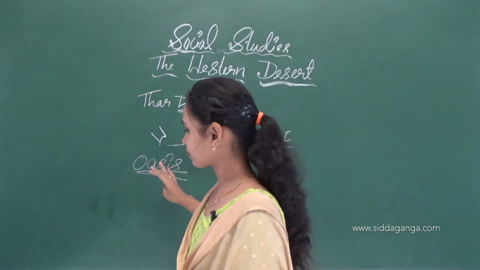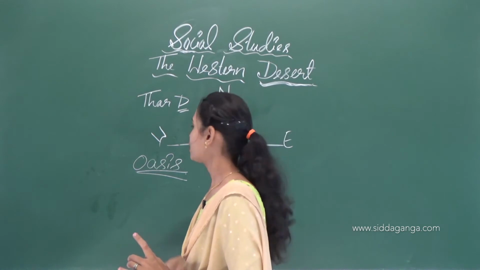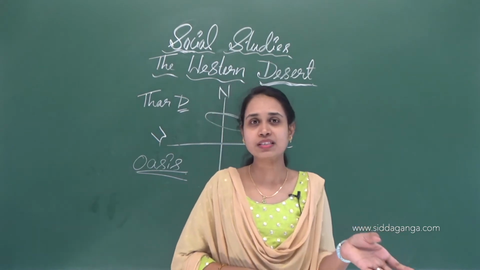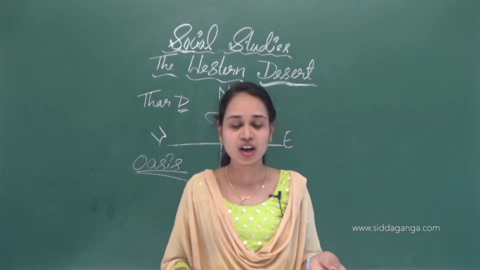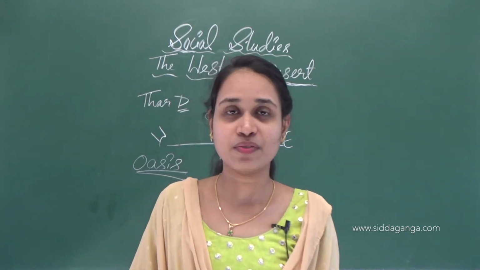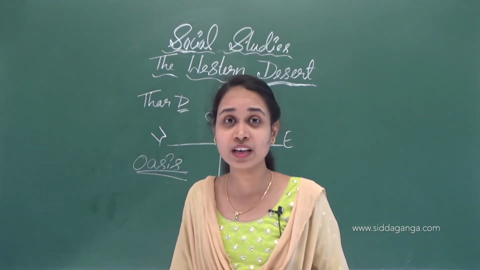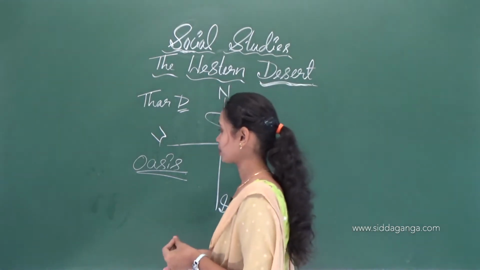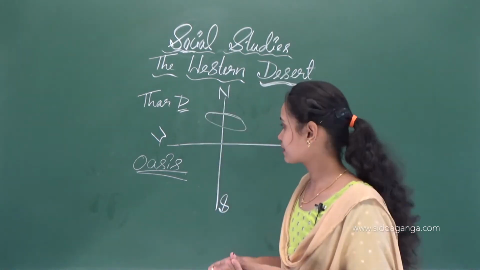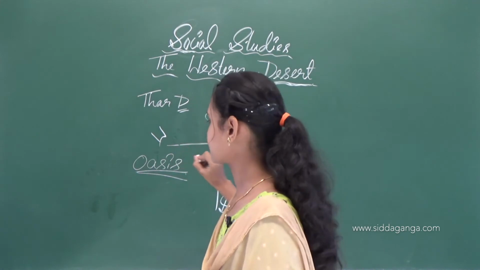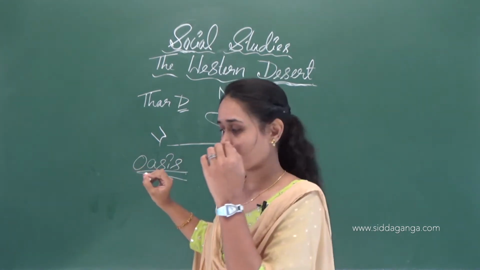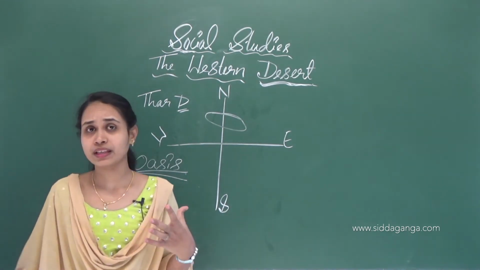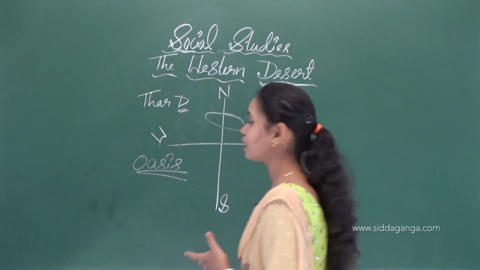Here the sun heats the sand. If you go to the beach, you can see the sand is so hot that we have to wear chappals and shoes, isn't it? So the sun heats the sand, and the sand becomes hot very quickly.